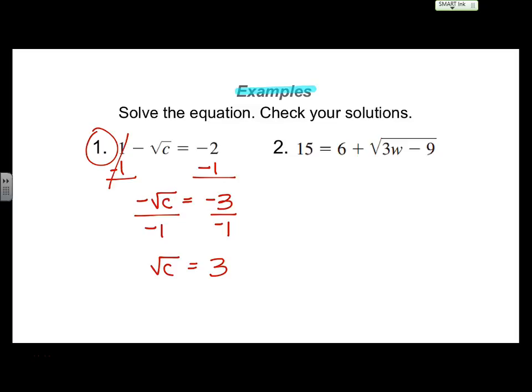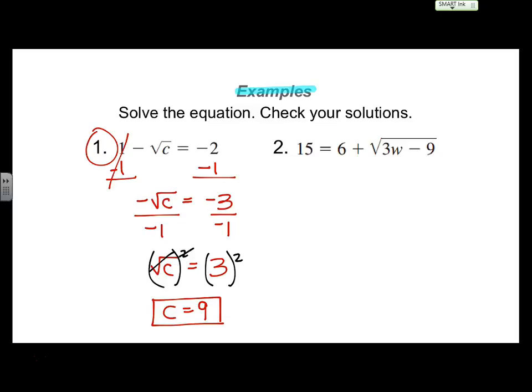Now I need to move the negative sign. Guys, how do I get rid of a radical? Square. Good. What happens on the left? C alone, right? What happens on the right? 3 times 3.